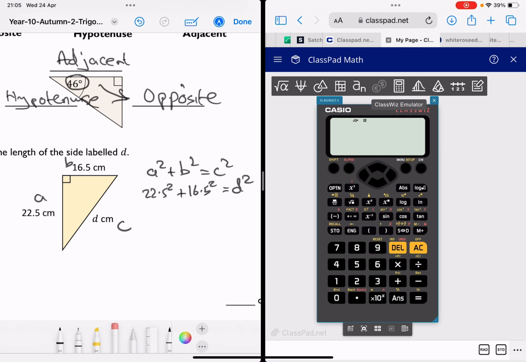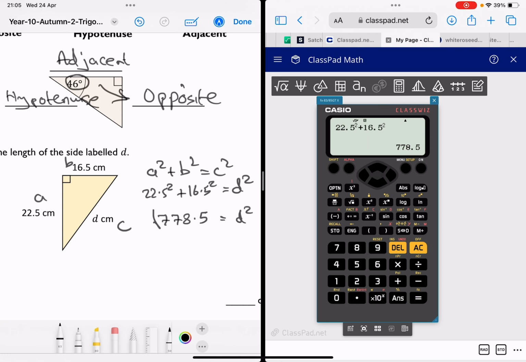So I've got 22.5 squared plus 16.5 squared equals. Okay, that gives me, if I S to D that, 778.5, and that equals D squared.